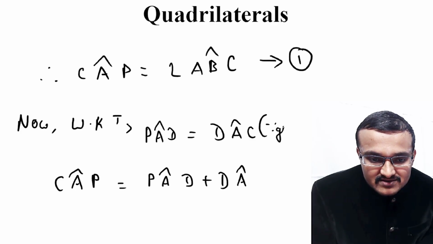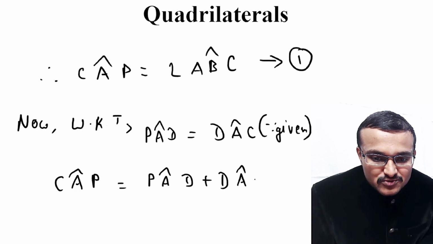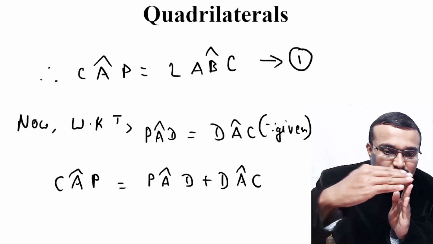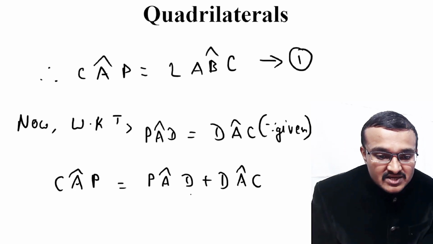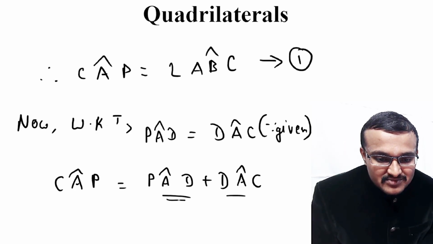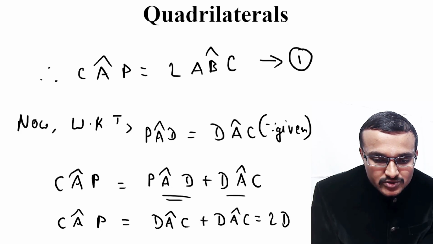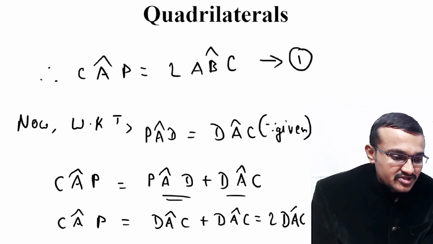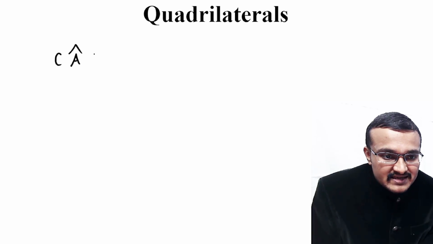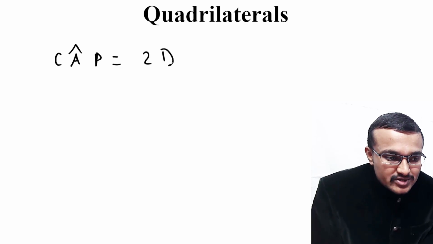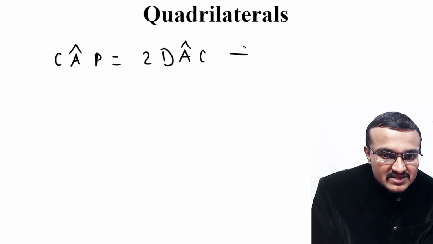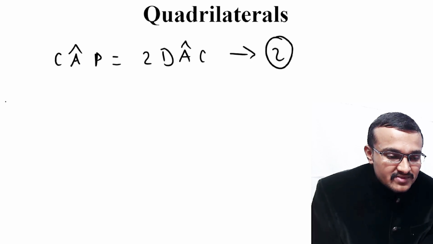We know PAD is equal to DAC is already given, and the total angle is equal to PAD plus DAC. So in the place of PAD, I can write DAC only. So CAP is equal to DAC plus DAC, which is equal to 2DAC. So that means here CAP is equal to 2DAC. Let's call this equation 2.